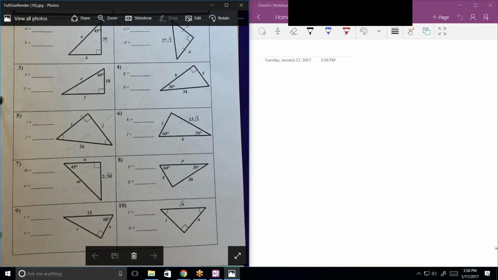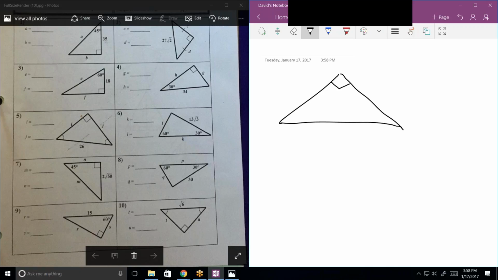All right, number 5. It looks like every single one of these problems is either a 30-60 right triangle or a 45-45 right triangle. So right there kind of tells you how important these are. And they want you to solve them using those unit right triangles.